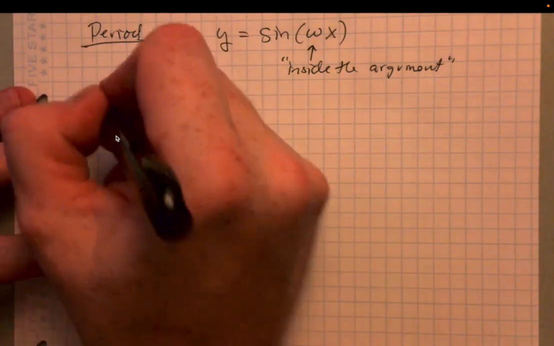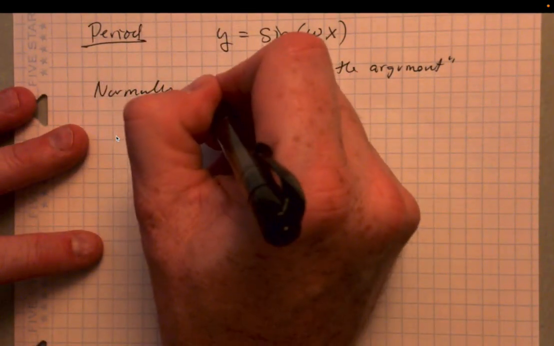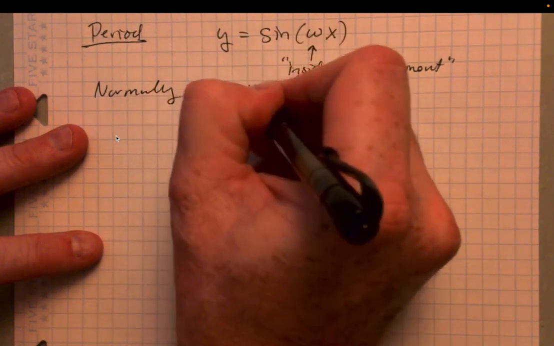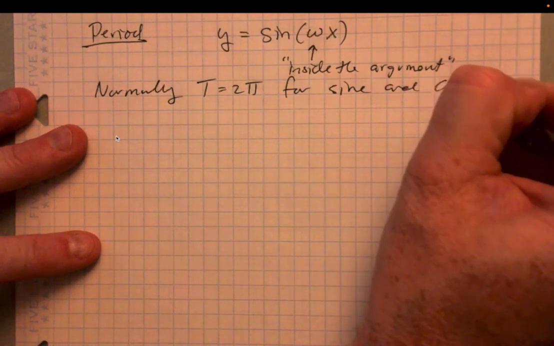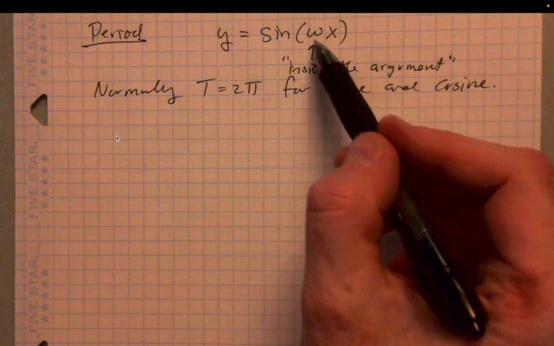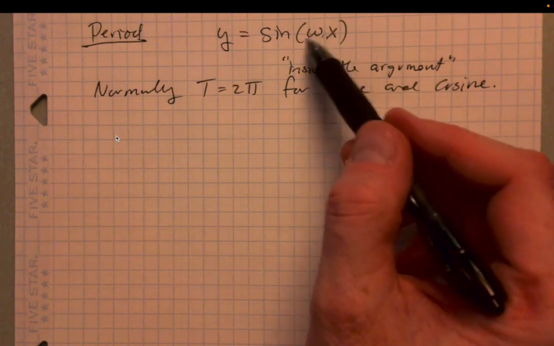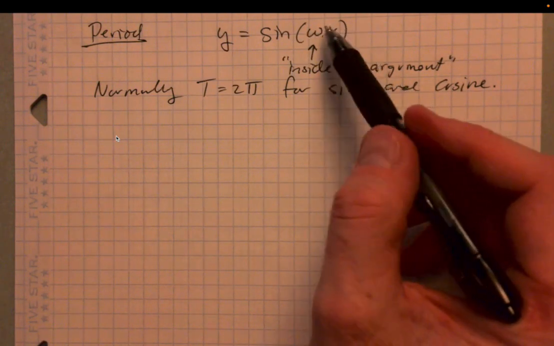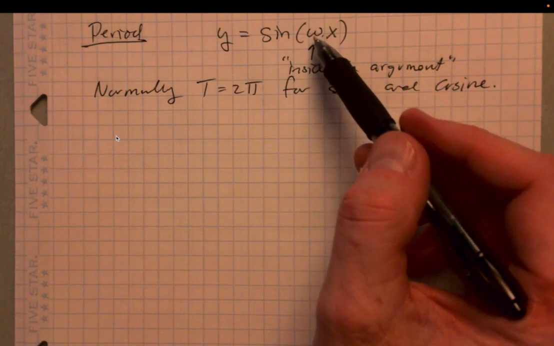So normally, the period, which we'll denote as T, is equal to 2 pi for sine and cosine. Right, we've seen that already. But if you have a factor in here that's different than 1, so if you see a factor written inside the argument of the sine or cosine function, then that means the period is being affected.